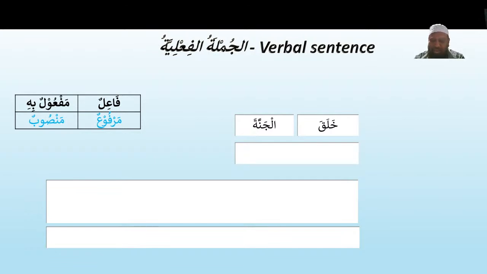It is there, which is hidden. Anyone? How would we know? Yes, I know that there is ism dhahir. Look, al-jannah. Al-jannah is ism dhahir. Al-jannah is the noun, right? So how would we know?